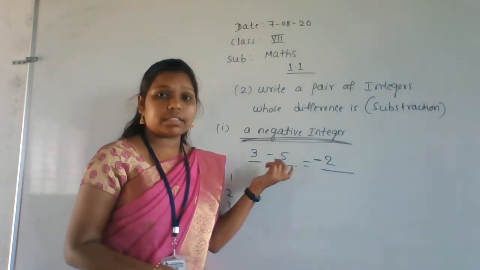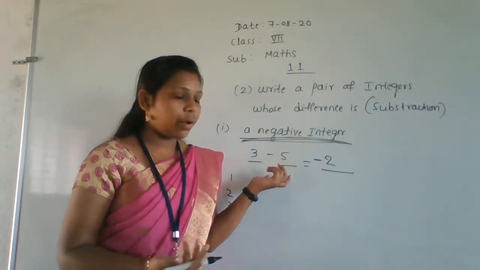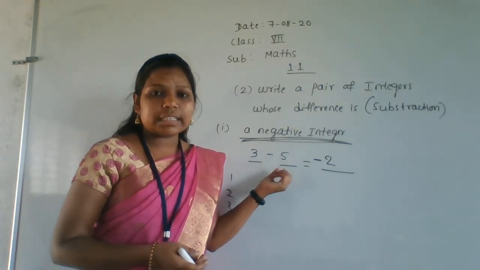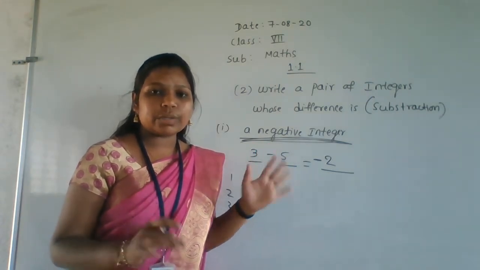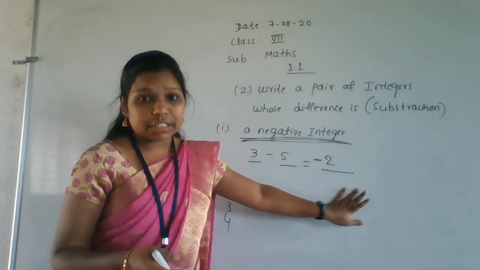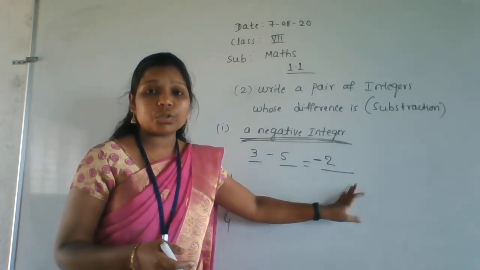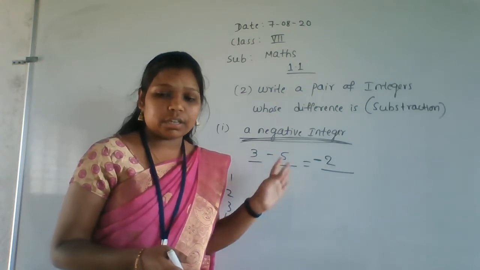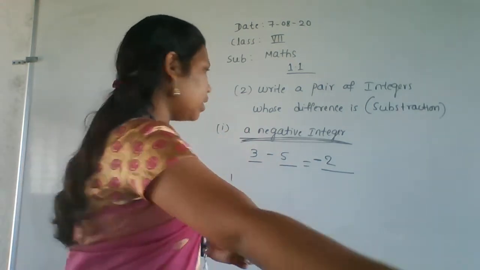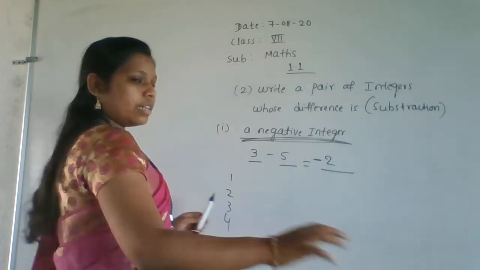If you want to take any numbers, you can take. It is not restricted here. Only 3 and 5 are not the answers. You can take any number, but the answer should be a negative integer. So this is the first problem. Next we'll move to the next question, that is minus 9 we want.